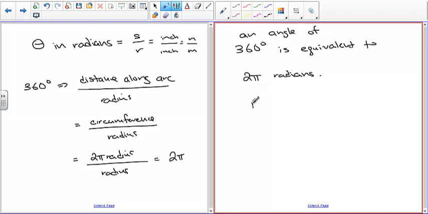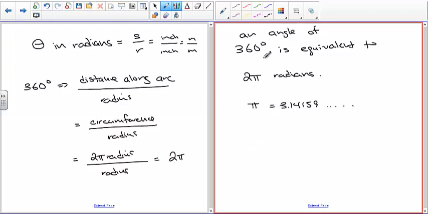Now remember, pi is this number 3.14159. It's an irrational number, so it cannot be represented as a fraction, and it has an infinite number of digits. And it's the ratio of the circumference to the diameter.